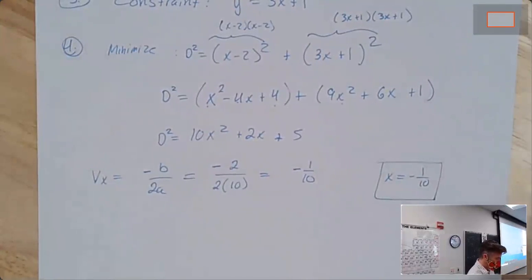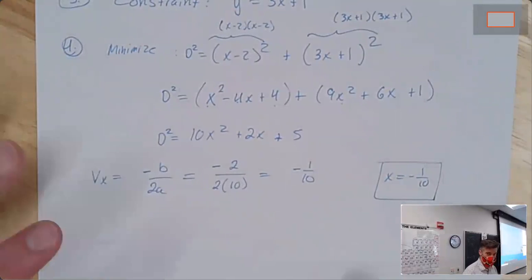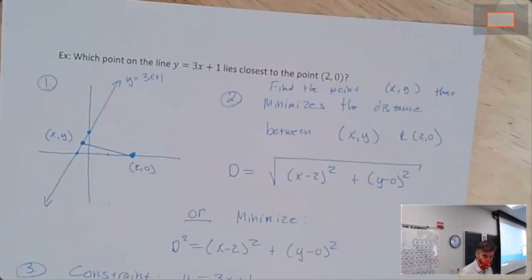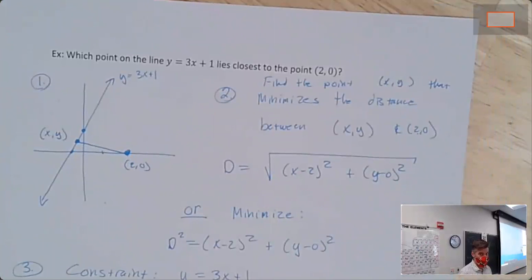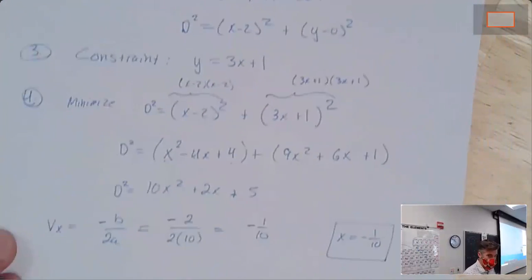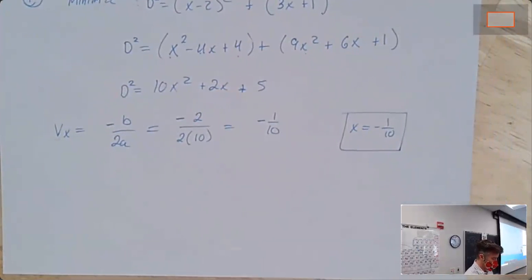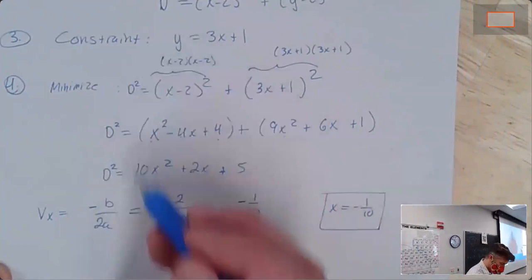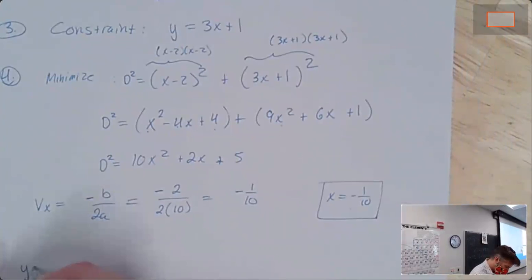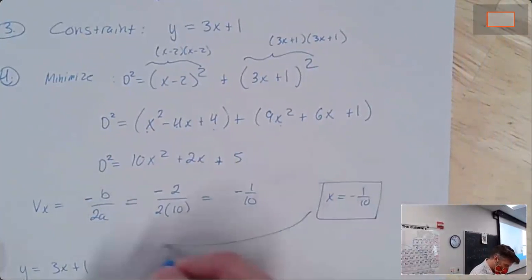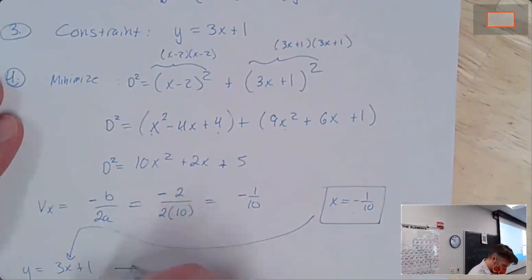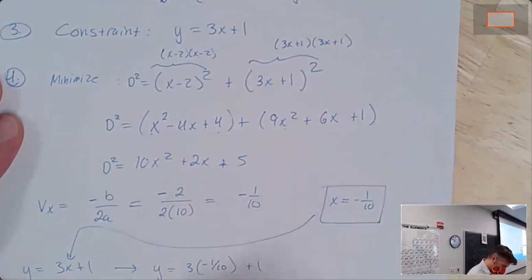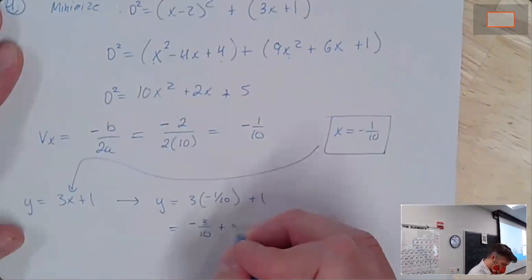We were asked to find the point on the line that's closest. Look back over here for a second. Which point on the line y equals 3x plus 1 is closest to the point 2 comma 0. So all we have to do to find the other coordinate of the point is plug x equal to negative 1/10 back into our constraint right here. We know that y equals 3x plus 1, so y equals 3 times negative 1/10 plus 1. 3 times negative 1/10 is negative 3/10. 1 is equal to 10/10.